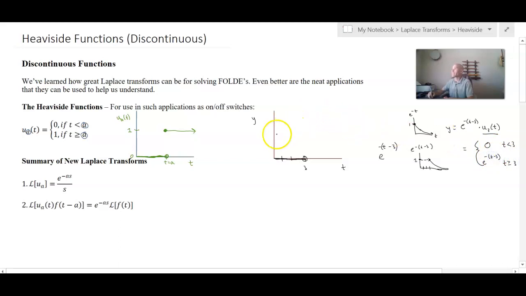So basically it's as if we switched on our exponential function, but we don't actually want it to start until time 3, and then it begins decaying. So we took a 0, 1 function, and by multiplying it by a non-constant function, we can actually have it do some pretty interesting things.